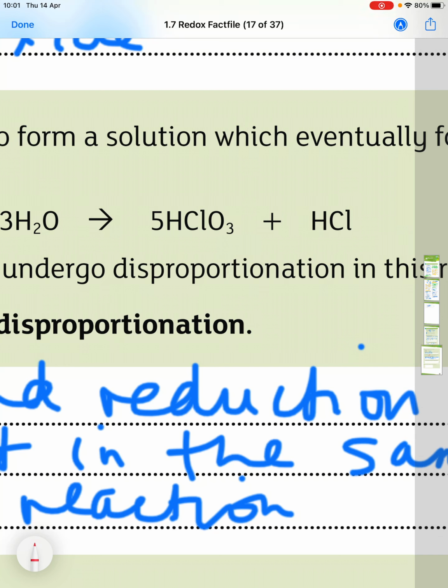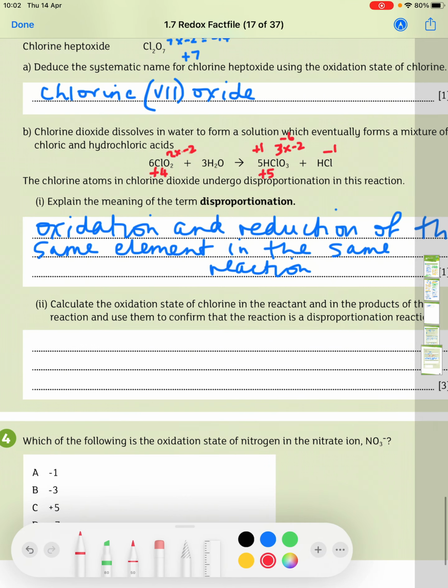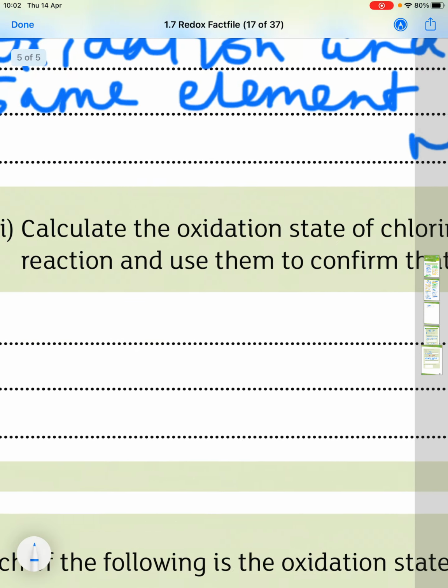And then in the products, we have the HClO3, so we've got +1 for the hydrogen, and we have 3 -2s, which is -6, so it has to be +5. And then in HCl, it's just -1, because the hydrogen is +1.